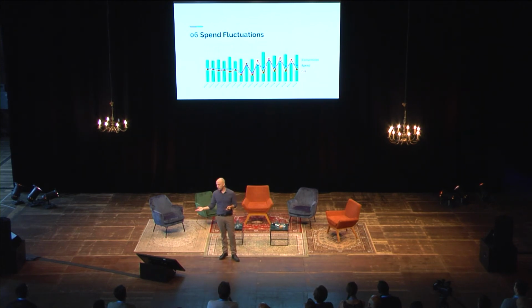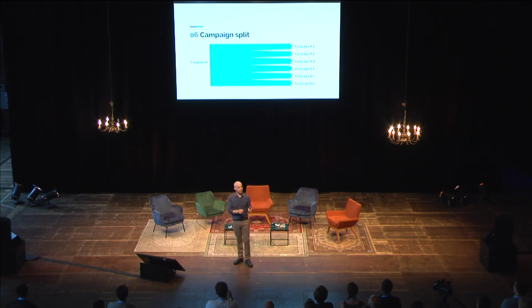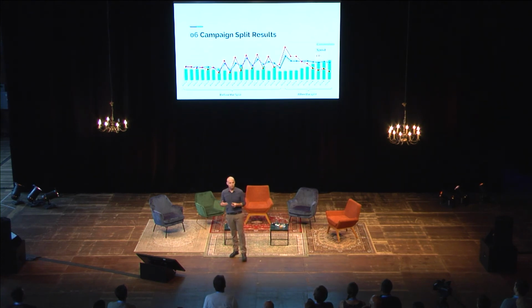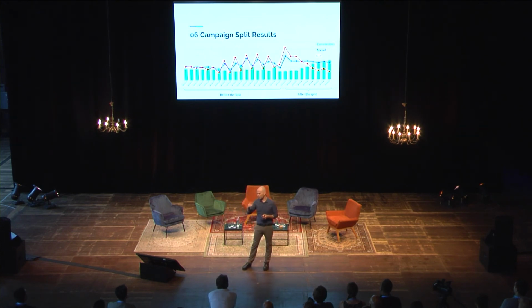The way that we approached solving it is thinking again outside of the box. Google recommends us not to overlap our campaigns. We did exactly that. We took the campaign and split it into 6 different small campaigns targeting the exact same population. What we saw was pretty amazing. After we did it, the CPI dropped significantly.